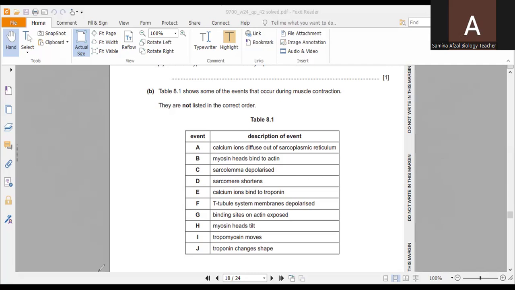To make their sequence, first of all, we must know the structure of a muscle fiber. The muscle fiber is multinucleated. It is a long cylindrical structure that runs the entire length of the muscle.